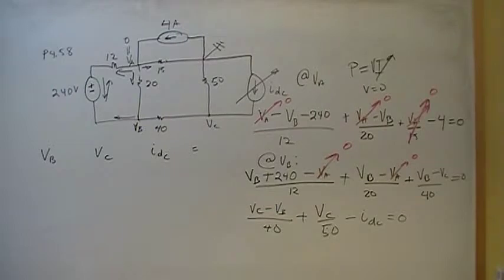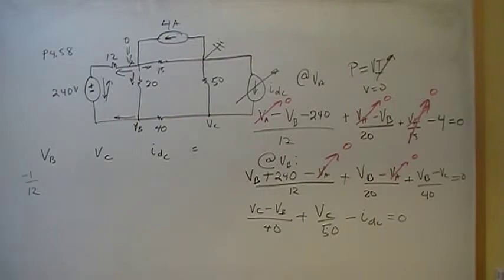Okay, make sure everybody can see everything. Looks good. Okay, so let's go ahead and inventory the coefficients. The first term is negative VB over 12, so that's going to be negative 1/12 for the VB. The next term is negative 240 over 12, which is 20, I'm pretty sure, but I'm unbelievably horrible at basic arithmetic.